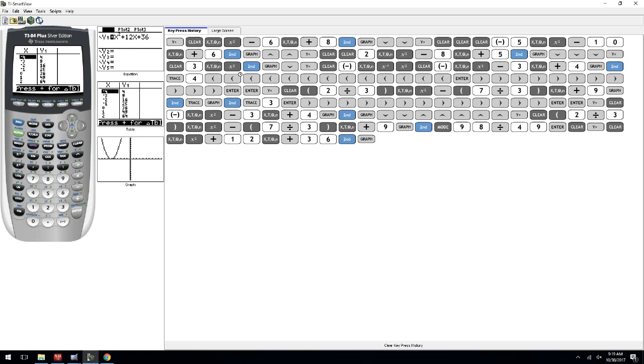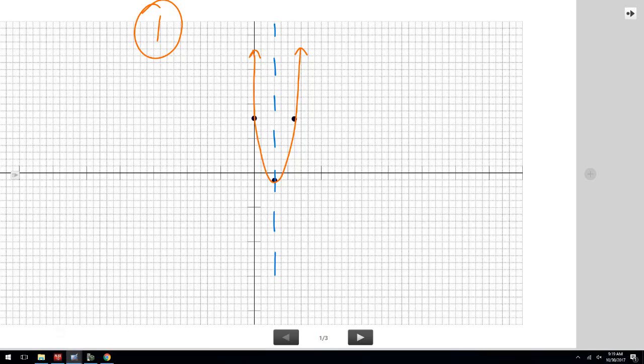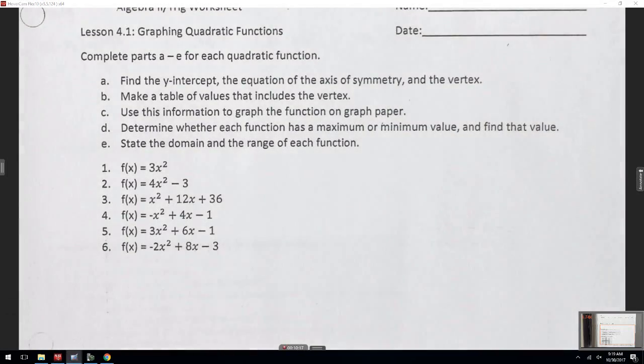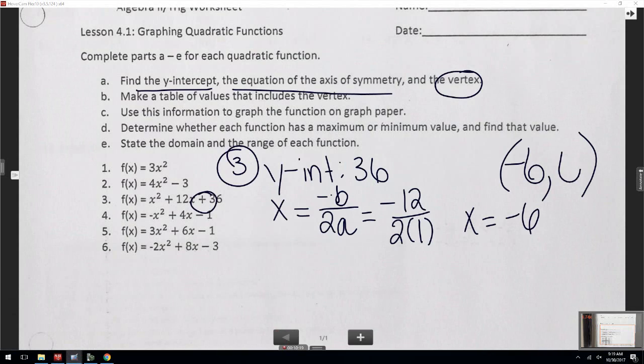And what was the x value that we already found? Should have written it down on page 7. -6. Okay, so scroll up or down until you find -6. And what number is with -6? There you go. So your vertex is at -6 and 0.